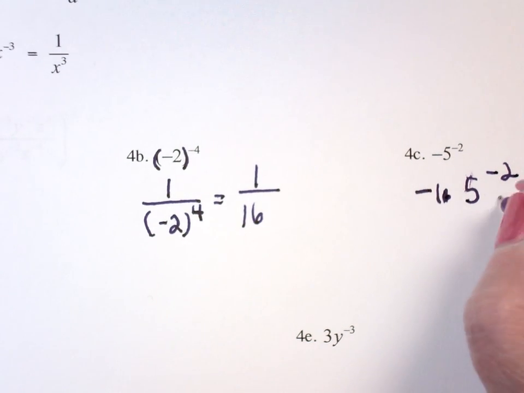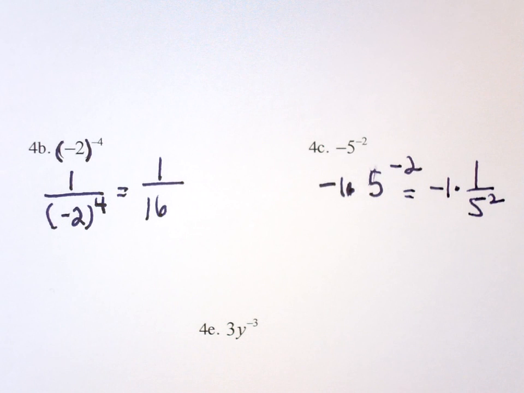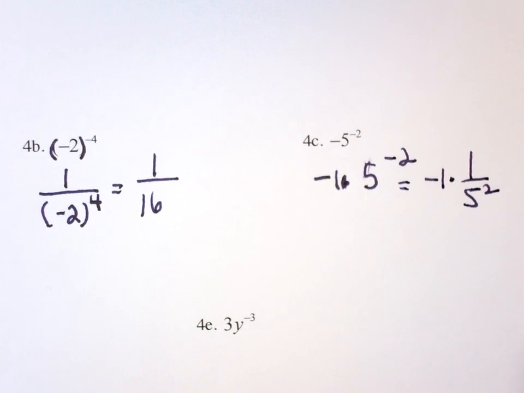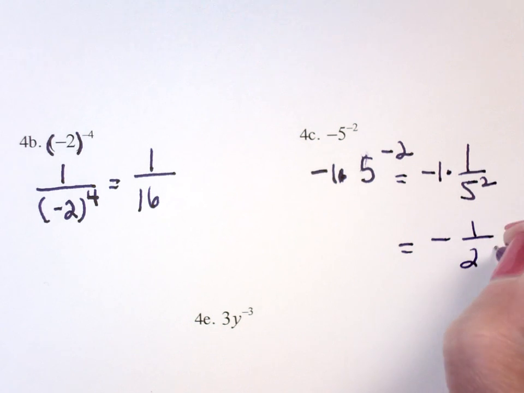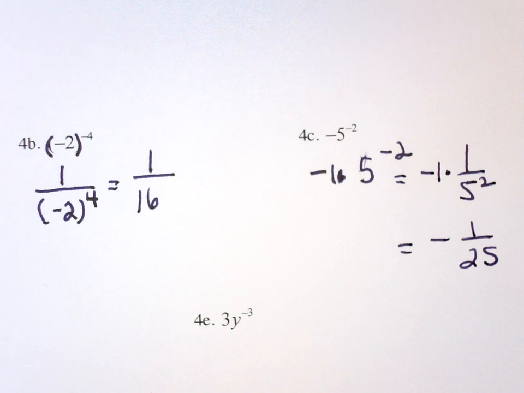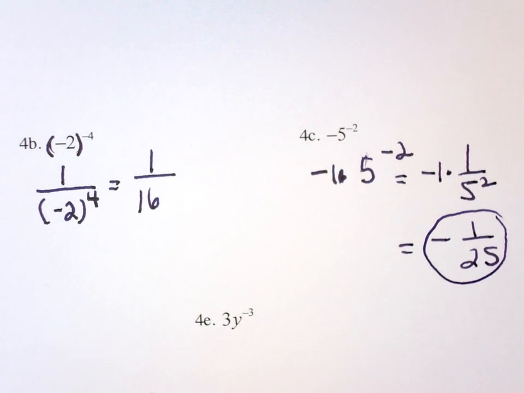This says minus 1 times 1 over 5 squared, so I'm in trouble already, which is negative 1 over 25. Parentheses would include the negative. No parentheses, the negative is not included.